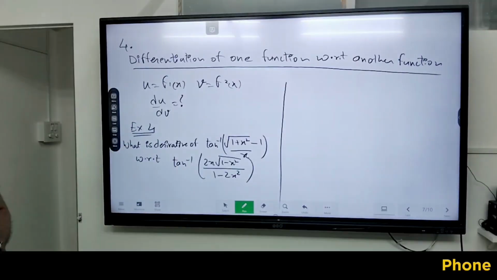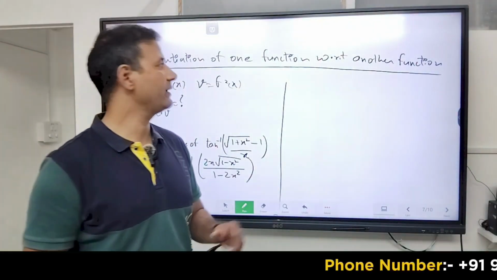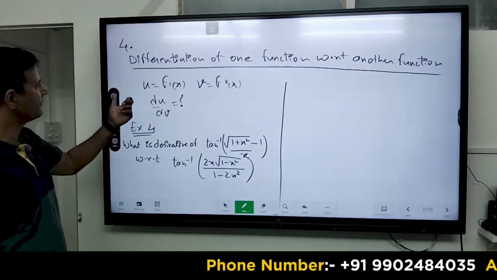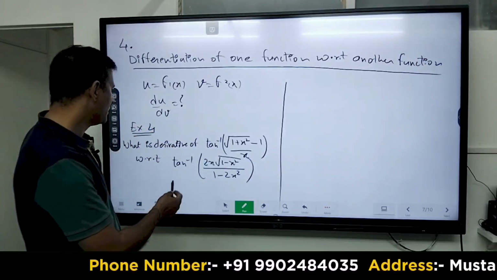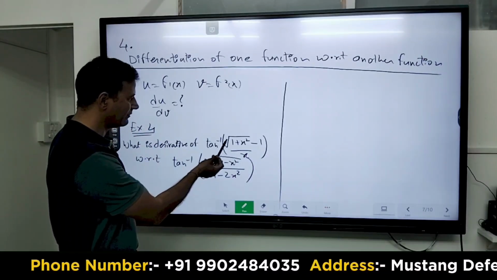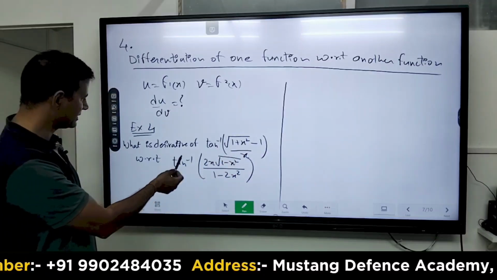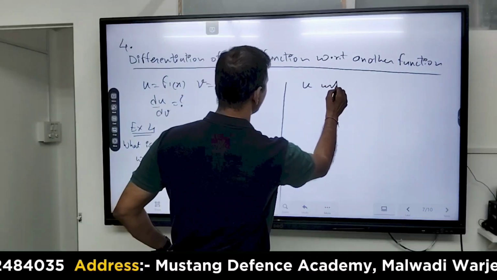And now differentiation of one function with respect to another function. Now we have got functions u and v. So we have to find du by dv. For example 4, when u is equal to tan inverse of root of 1 plus x squared minus 1 upon x, with respect to v. So first you find u with respect to v.